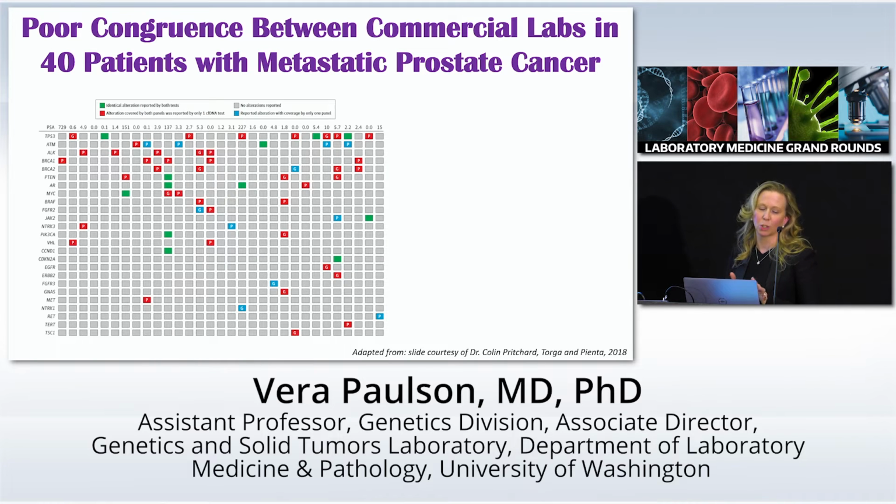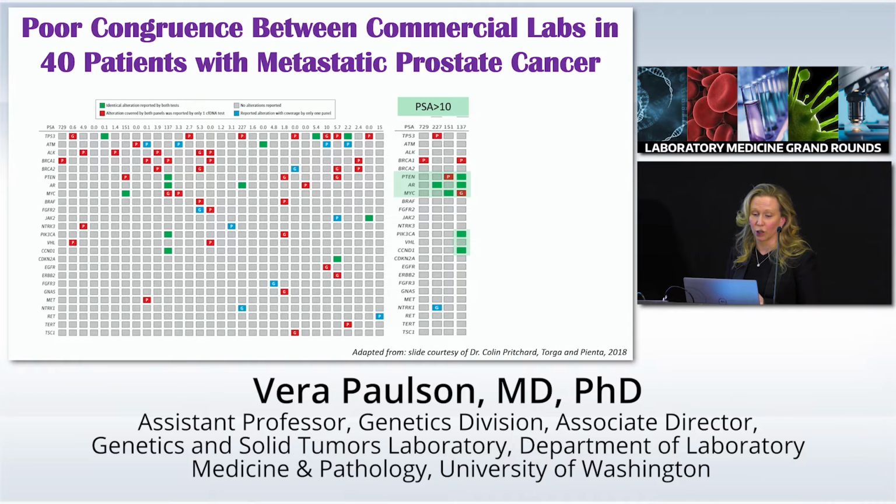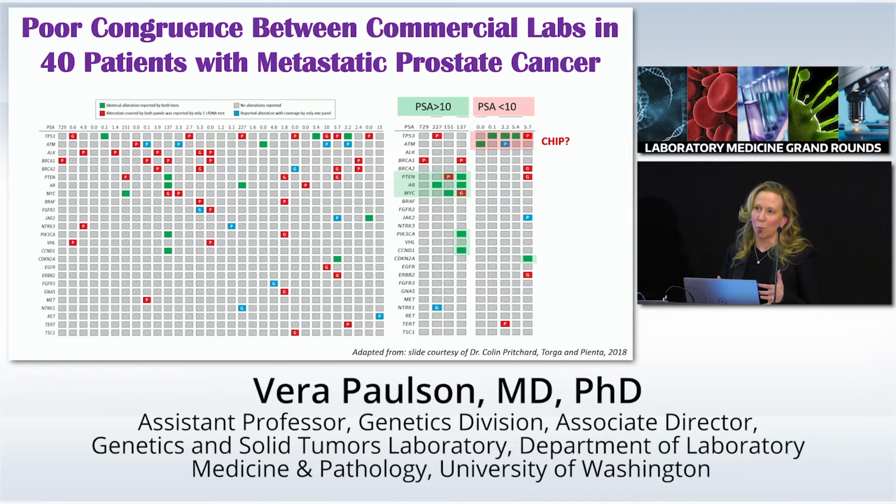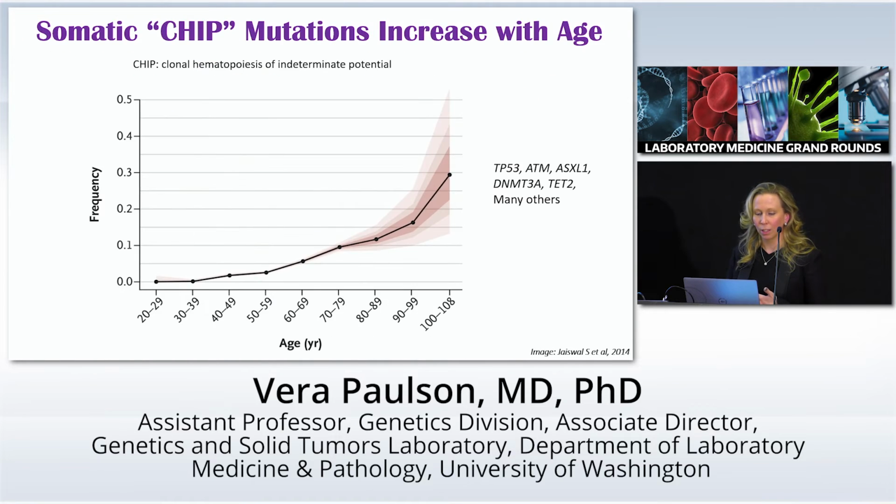So this is 40 patients with metastatic prostate cancer, if I didn't say that, but detecting non-prostate cancer alterations, particularly when you start looking at some of the genes that these alterations are concordant in, like ATM and P53. And it could be that, especially in the patients where there's low tumor burden, right? So if we're doing that by PSA, if the PSA is under 10 and you're seeing all these congruent mutations, tumor burden is not high here, and so you'd be worried about something like CHIP.